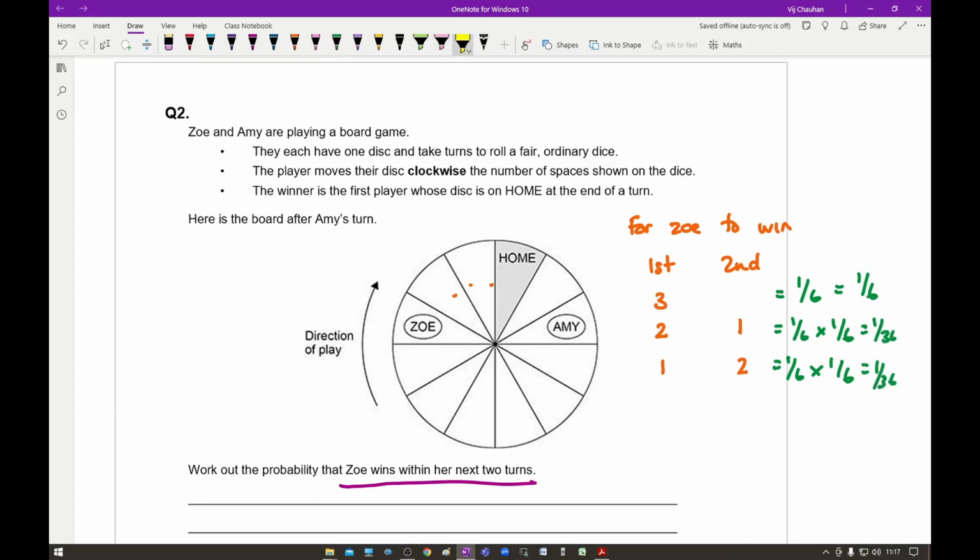So Zoe wins within 2 throws if she throws a 3, or a 2 and a 1, or a 1 and a 2. The wording of that is really important, because or in probability means plus. So here we've got to do 1/6 plus 1/36 plus 1/36.